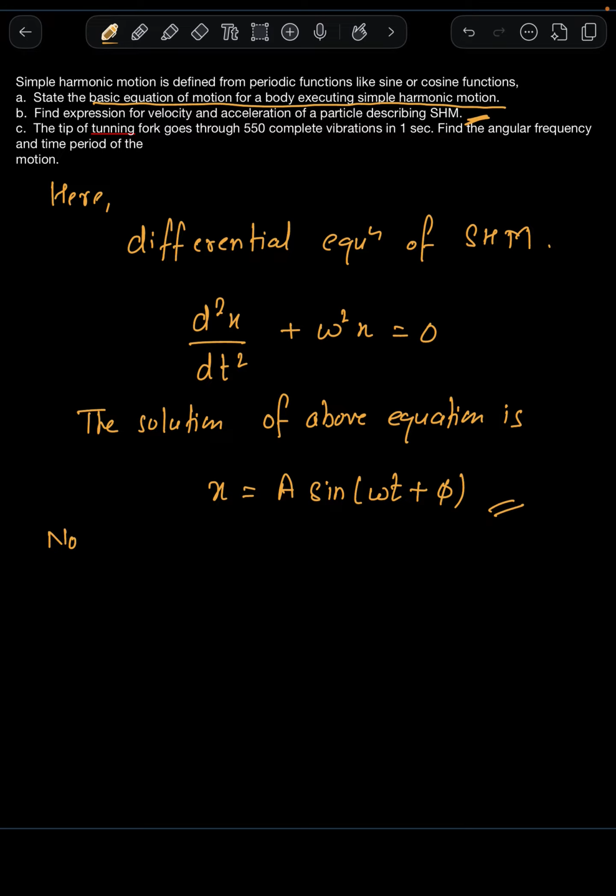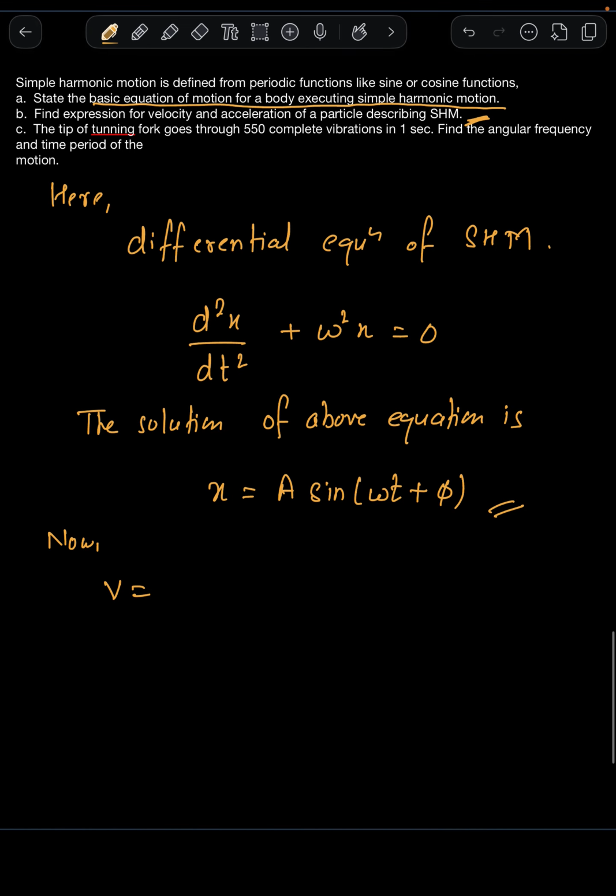So now we need to calculate velocity. By definition, velocity is the rate of change of displacement, that is dx by dt, derivative of displacement with respect to time. So d by dt, value of x is a sine omega t plus phi, and let us calculate the derivative.